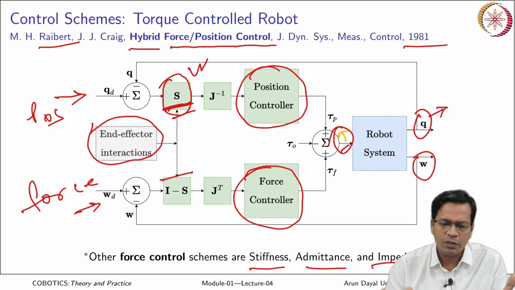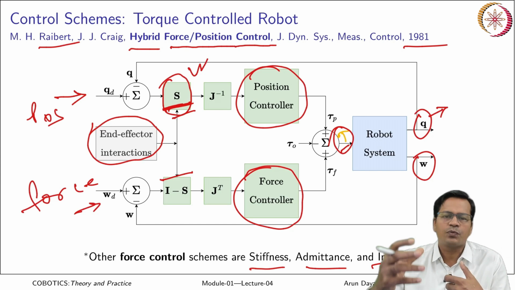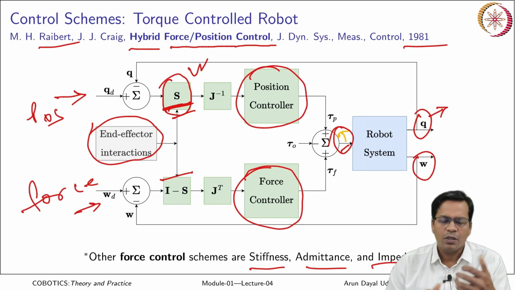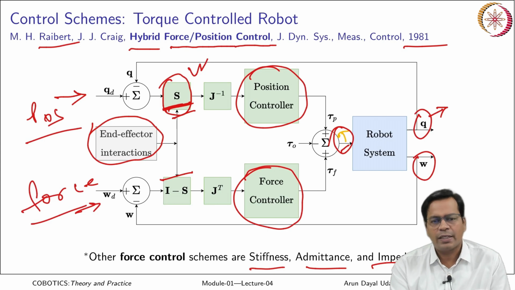For now, the philosophy is that you can control the end effector task space forces as well as position, with two different inputs along those two orthogonal directions. This is a scheme used to do that, and it uses torque controlled actuators. So the robot is made up of those actuators.